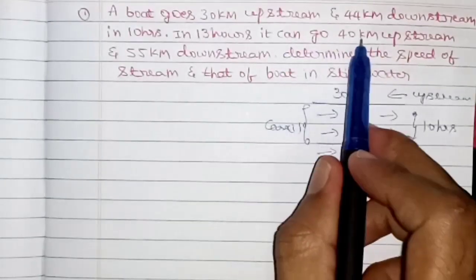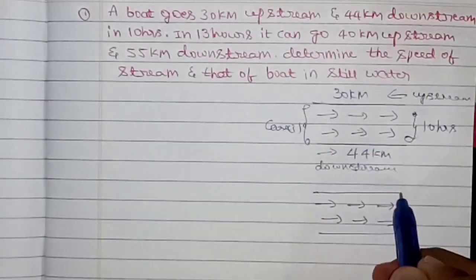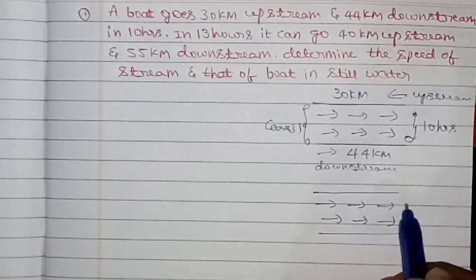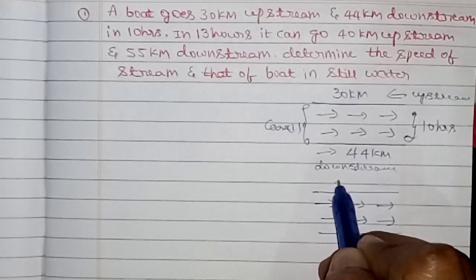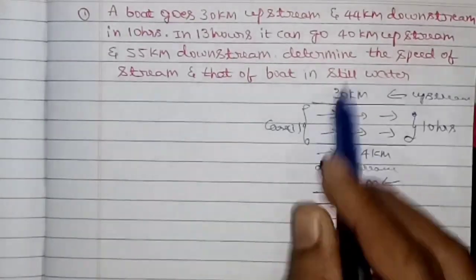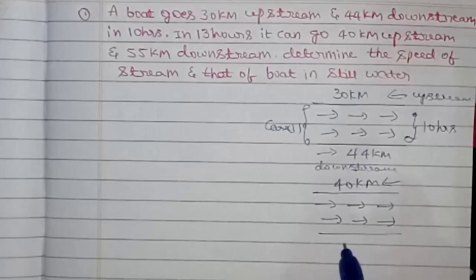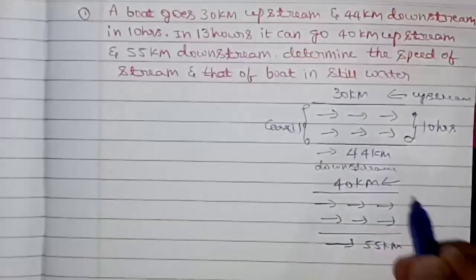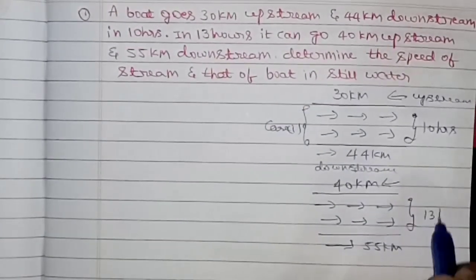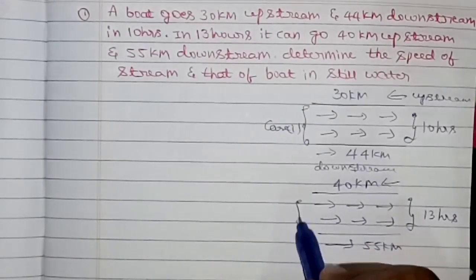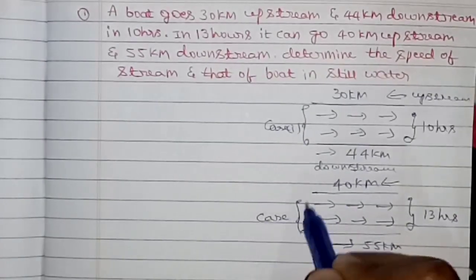Here it can go 40 km upstream, opposite to the direction in which the river flows, and 55 km downstream, and it takes 13 hours. This is case number 2, right children?